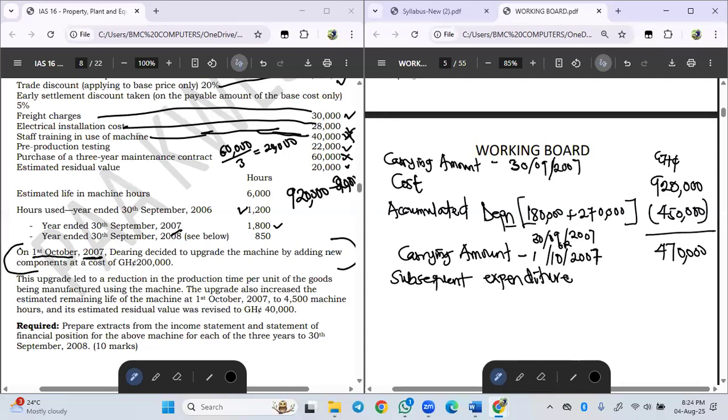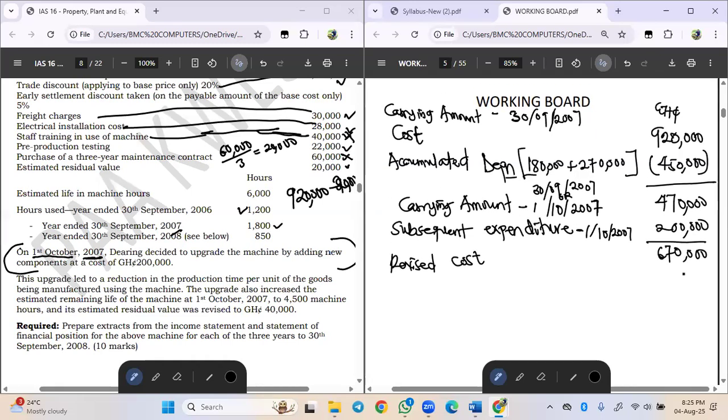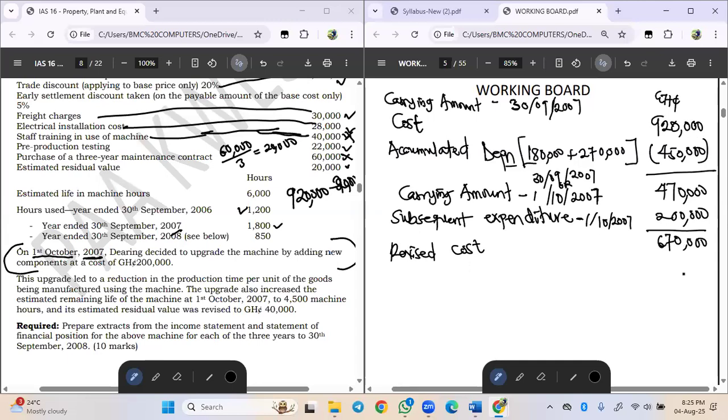So the subsequent expenditure also happened on 1st October 2007, it was 200,000. So now the revised cost is what? 1,120,000? Say 1,120,000.